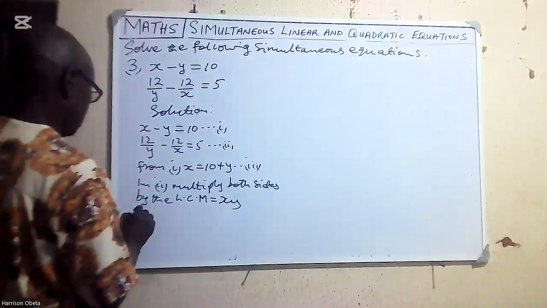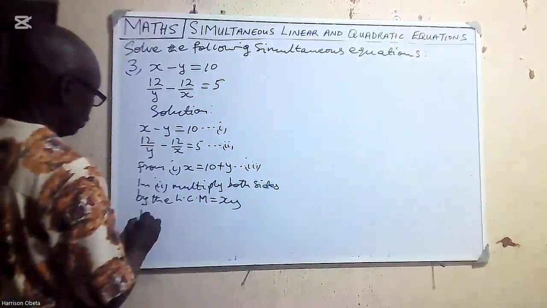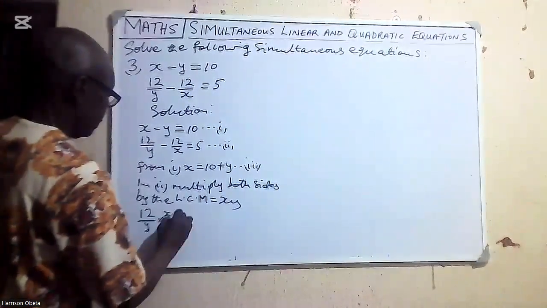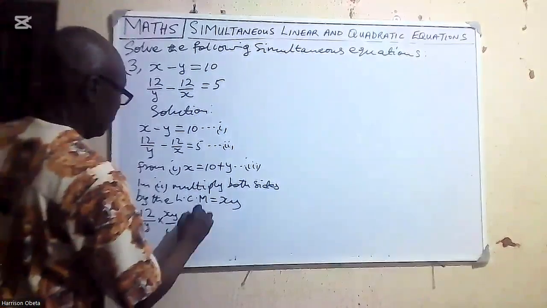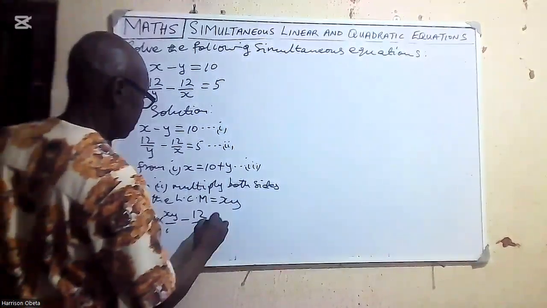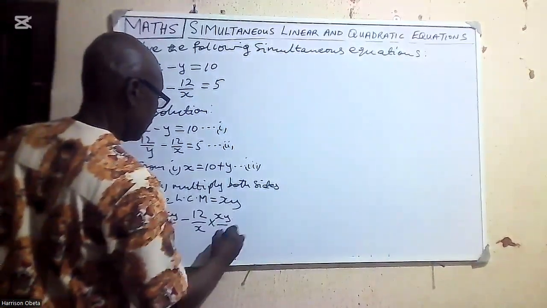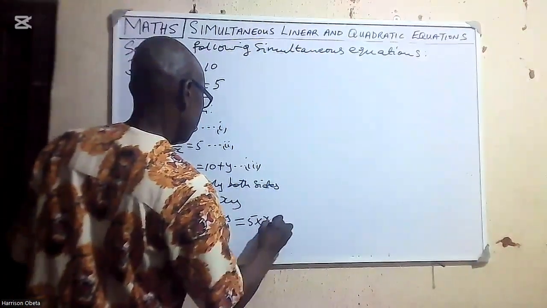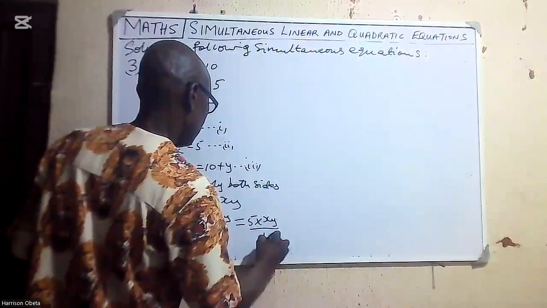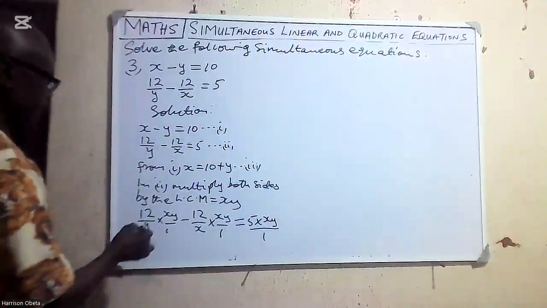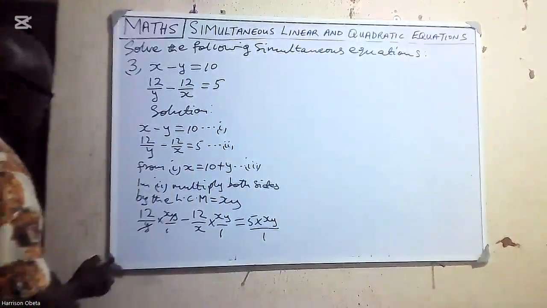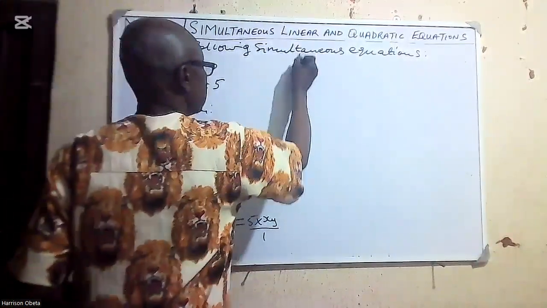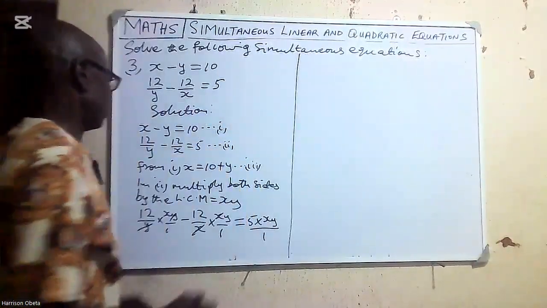So, that means in 2 we have 12 over y multiplied by xy over 1 minus 12 over x multiplied by xy over 1 is equal to 5 times xy over 1. So simplifying, we have this we divide, then this we divide, and then moving on, bring them together.